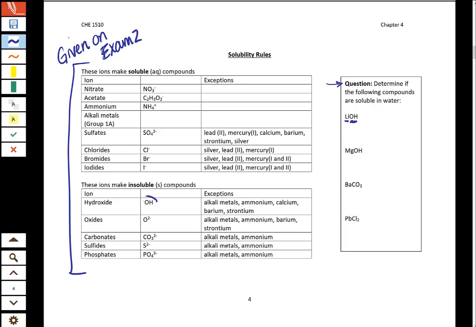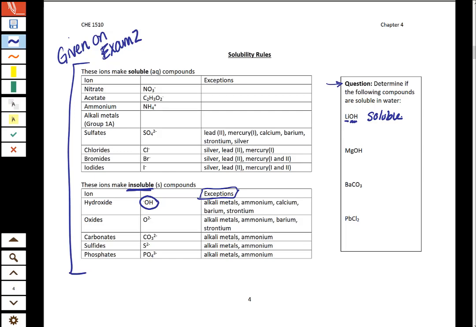So we find the hydroxide in our table, and we see that this is something that generally forms insoluble compounds. And then we check the exceptions. And if lithium is an alkali metal, then this is not going to be insoluble, but rather will be soluble.